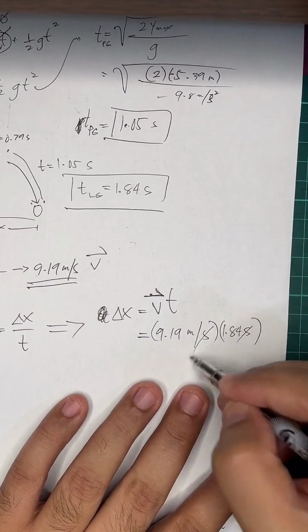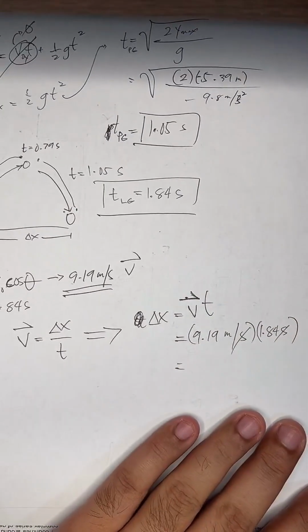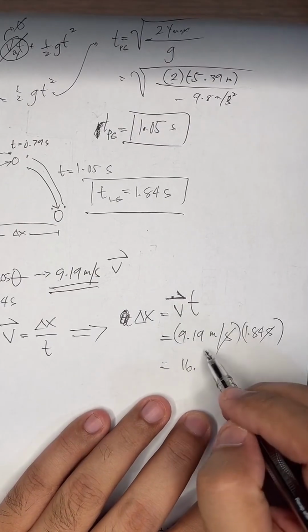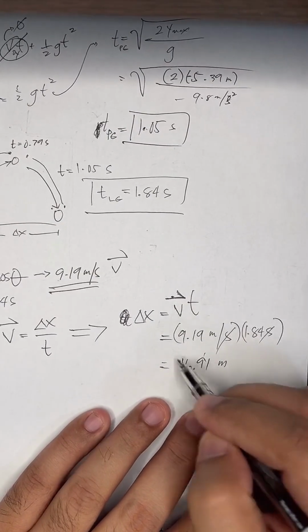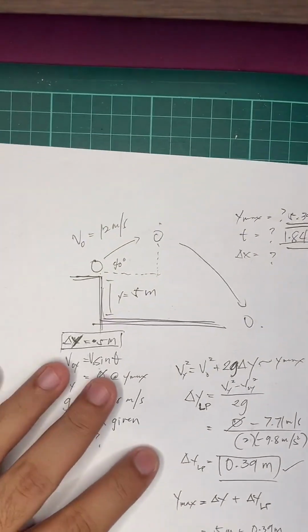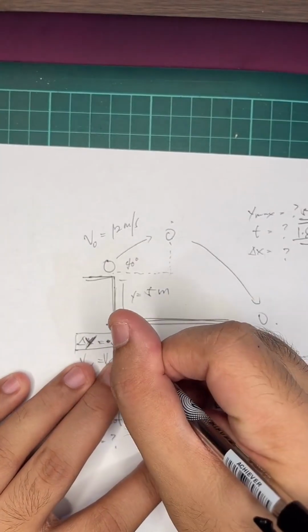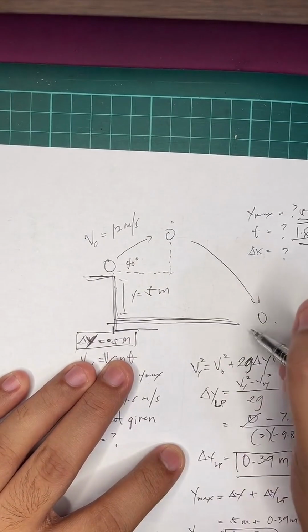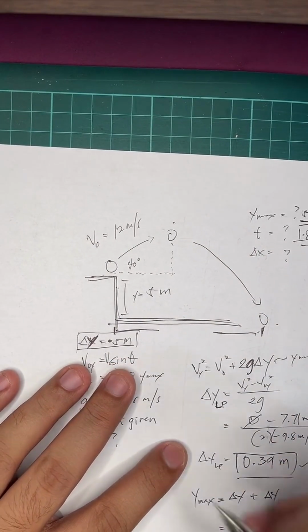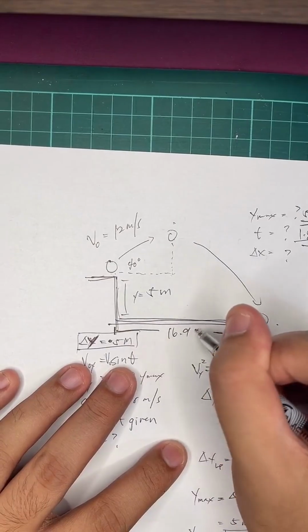Cancel time. Then we end up with 16.91 meters for our range. So it means that the distance from the launch point up to this end point here is 16.91 meters.